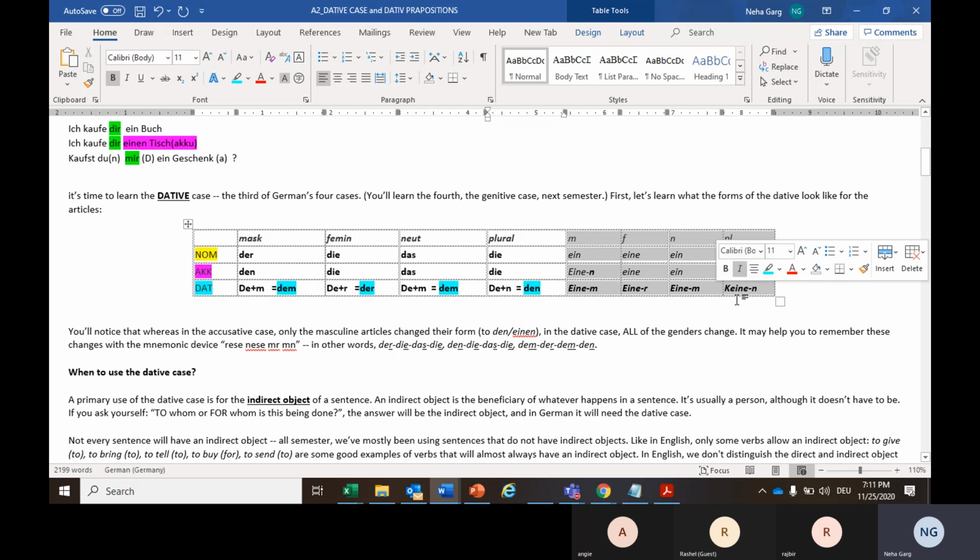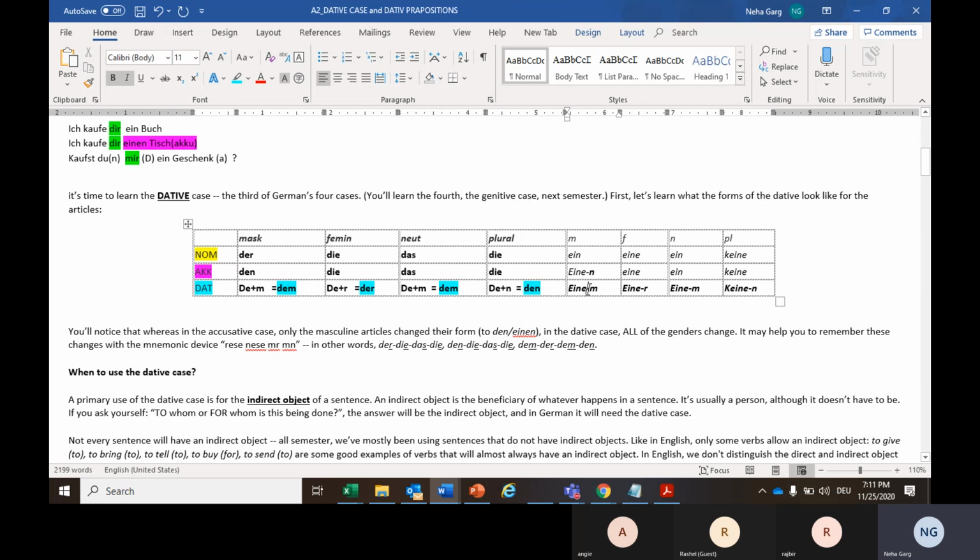Similarly, with indefinite articles, that would become einem, einer, einem. Then again einem for neutral, einer, einen. So here the trick is you just need to learn the endings in dative.